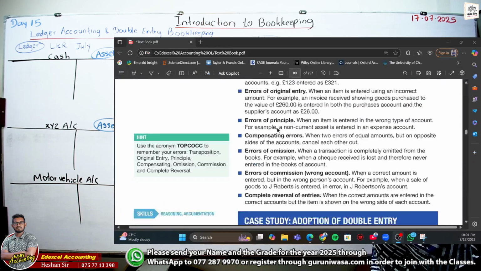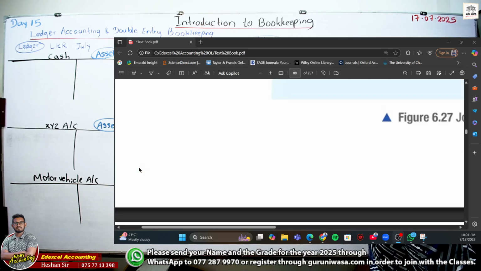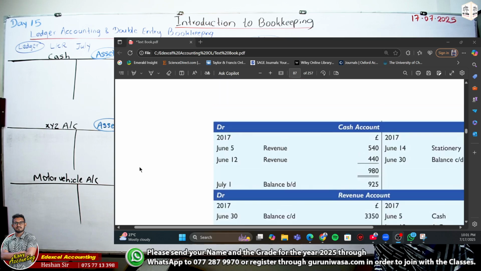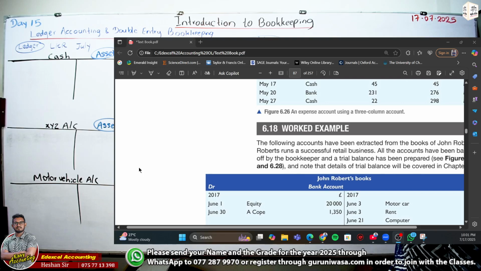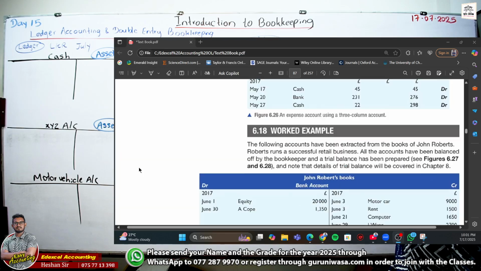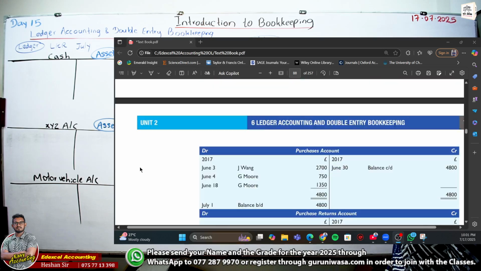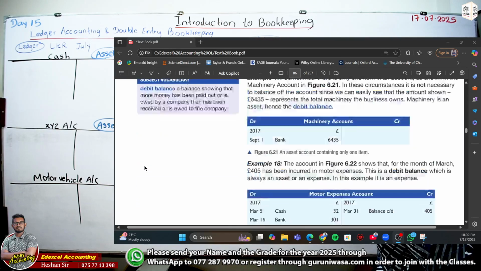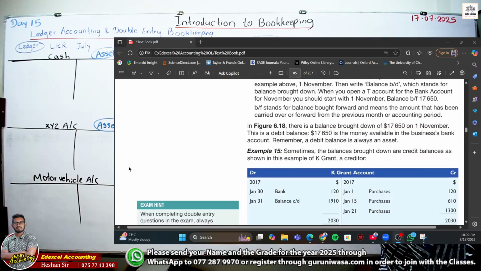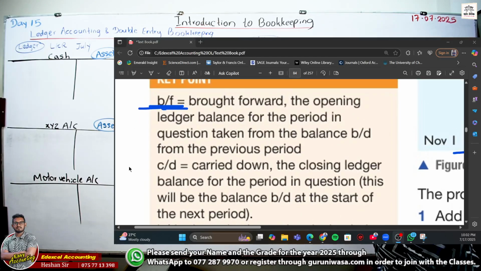Just remember, when you are writing the opening balances, you can see opening ledger balances, right?